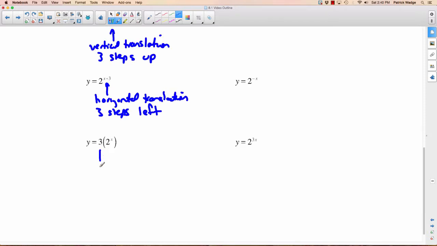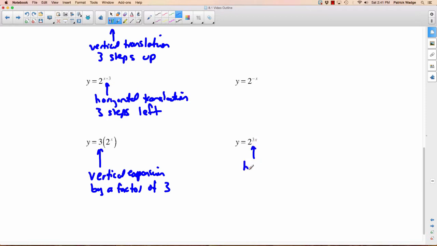Okay, this 3 here, is this in the function or outside the function? That's outside the function, so you know this is going to affect the function vertically. This is a vertical expansion by a factor of 3. This one, I know I'm doing it in a weird order. This 3 here, this multiplier if you want, is in the function.